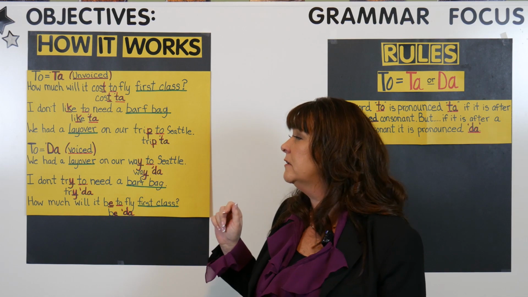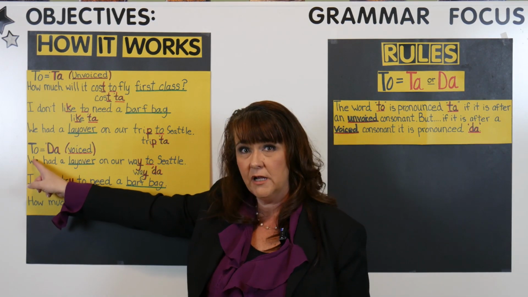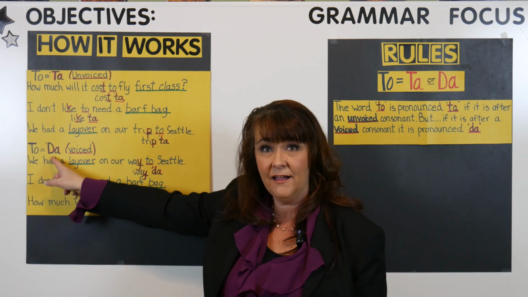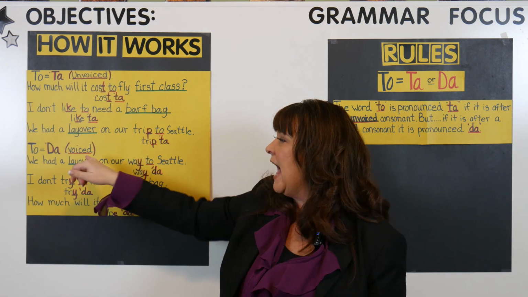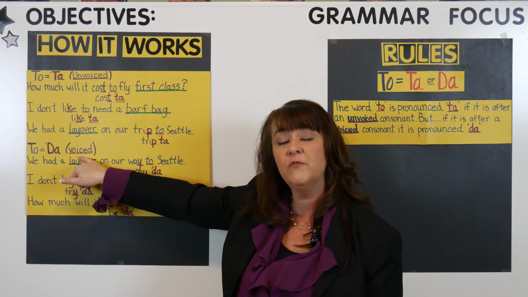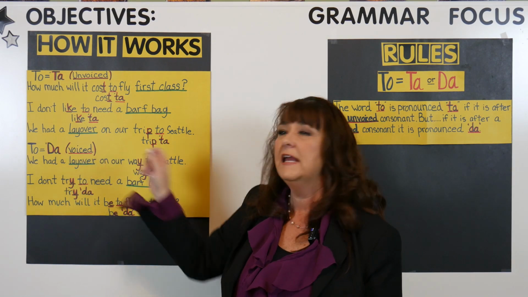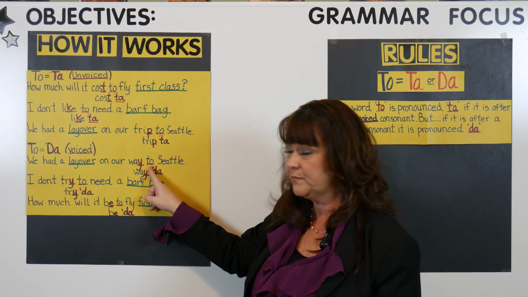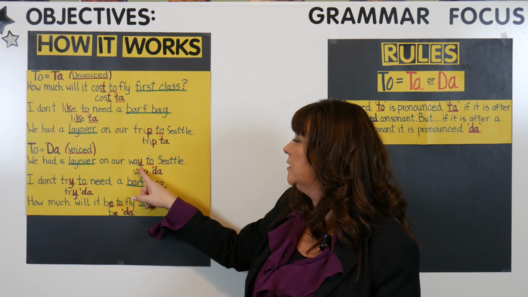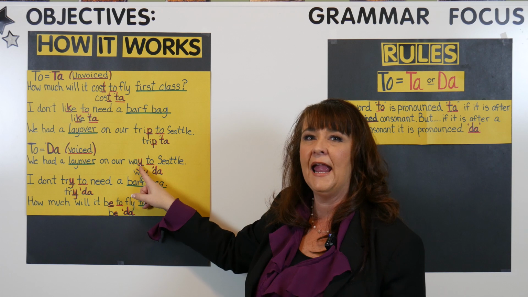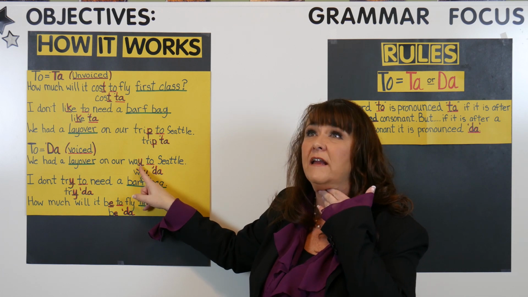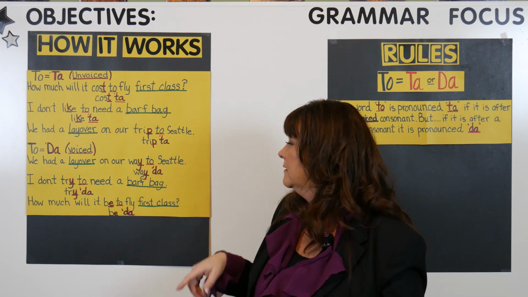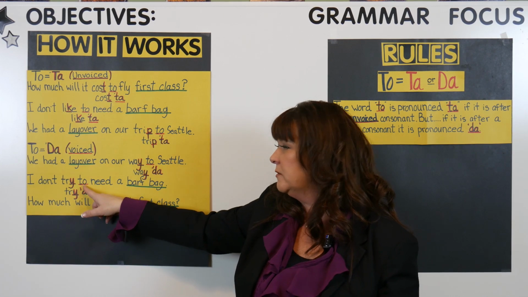Now we're going to look at when the word to changes to duh. So remember, that happens when the sound before the letter to is voiced. So here's our word to. Right before to, we have the sound a. It's voiced. Here's our word to.